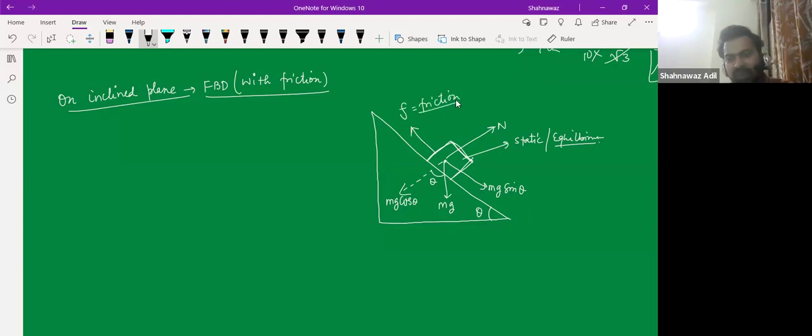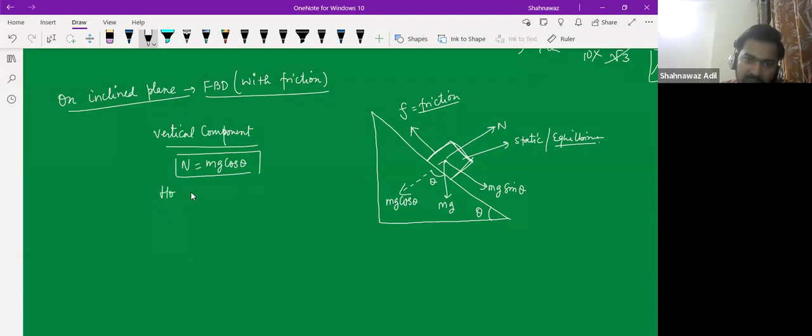So if we write the vertical and horizontal components, the vertical component is simply N equals mg cos theta. The horizontal component is f equals mg sin theta.